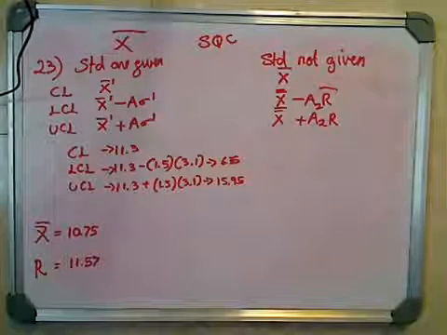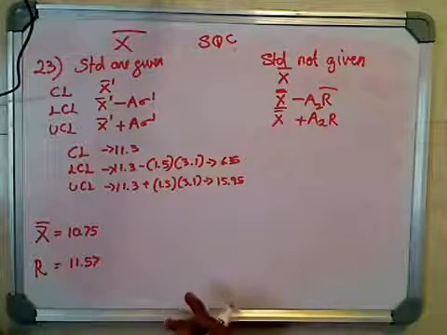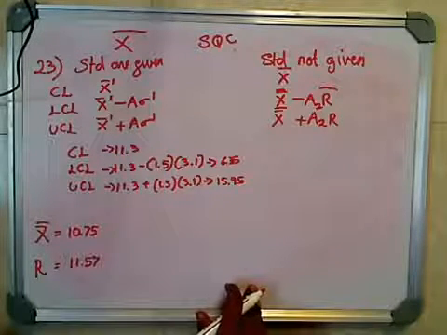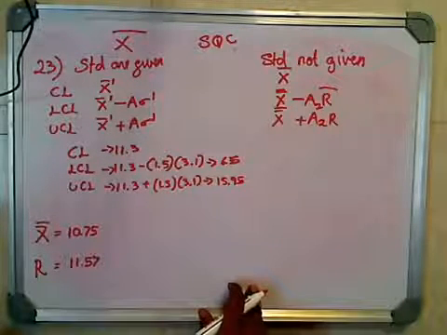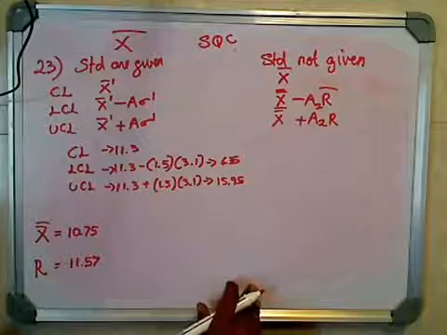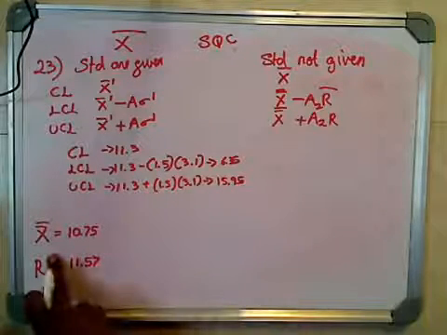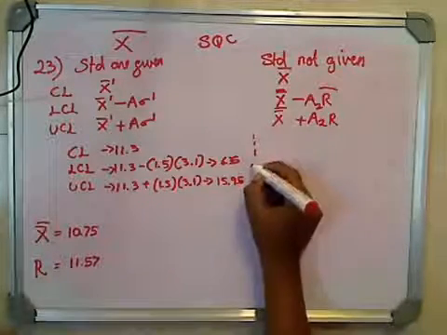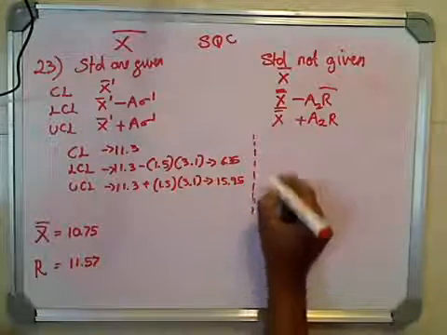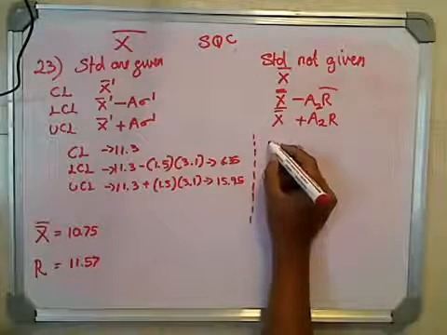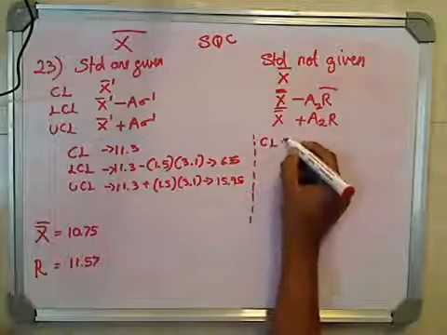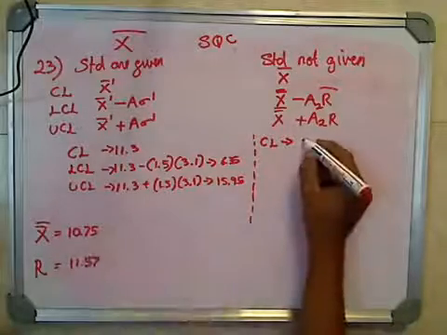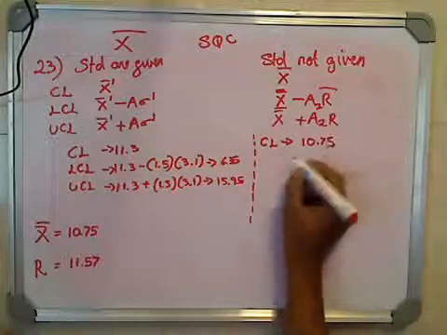Now, the same thing is what you need to do for the case where the standards are not given. When the standards are not given, you already have one value here. When it comes to the control limit, let me put a divider here. CL is X-bar, which is nothing but the value that you got here, 10.75.